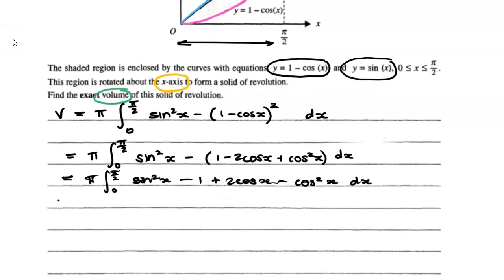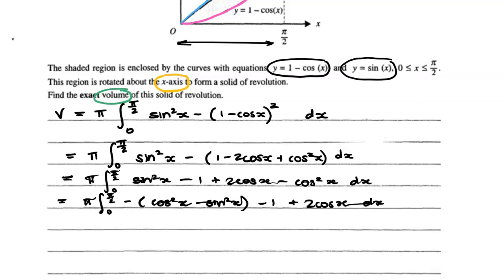Now, this is looking okay, but I want to get rid of those sine squared and cos squared situations. So if I put that sine squared and cos squared together, I could have negative cos squared x minus sine squared x, and then we have the minus 1 plus 2 cos x dx.